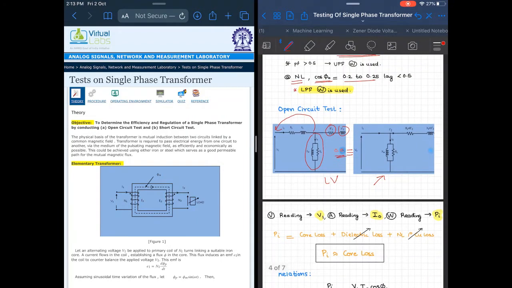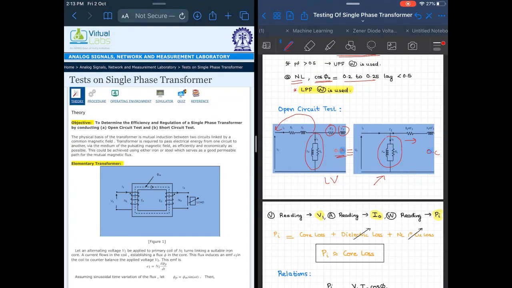So the other side is open circuit. Therefore, no current will be flowing through these windings, so we can very well neglect this. That is, we are only considering the shunt branch parameters and we have neglected the series parameters.